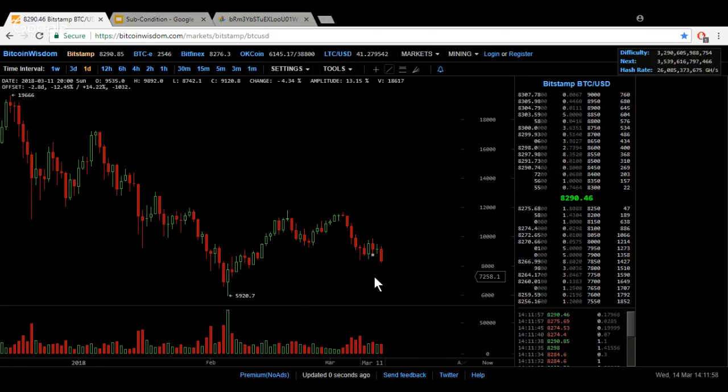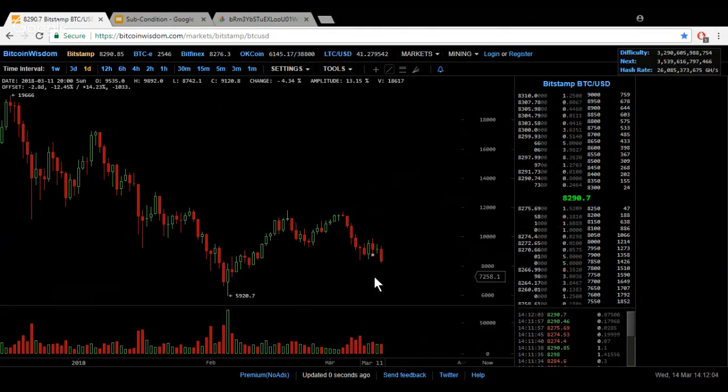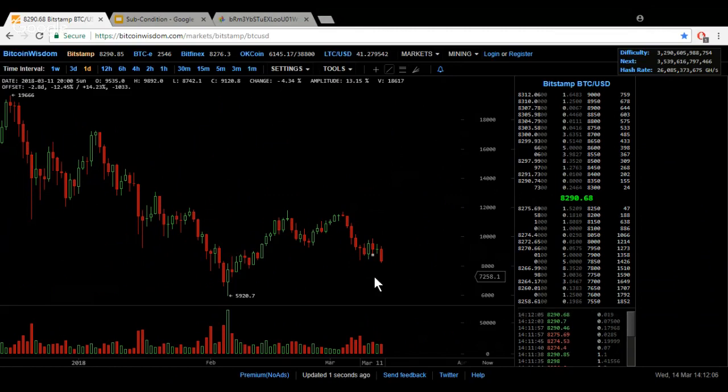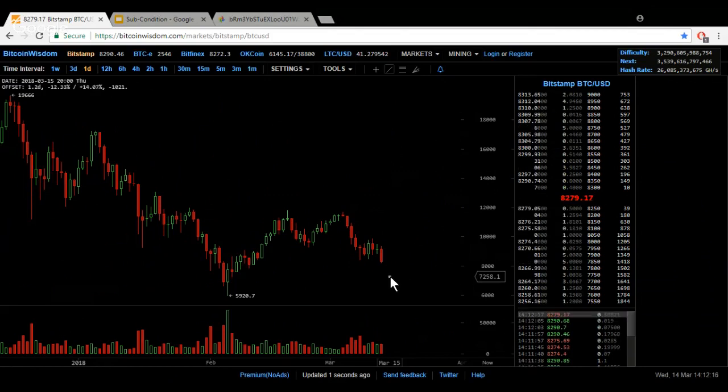That does not mean that that support 100 points lower from here is going to occur today or tomorrow or the next day or the next day, but it must occur before Sunday at 8 o'clock. We must close above 8,100 by Sunday at 8 o'clock Eastern Standard Time.